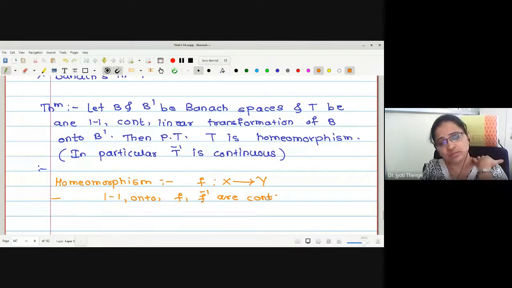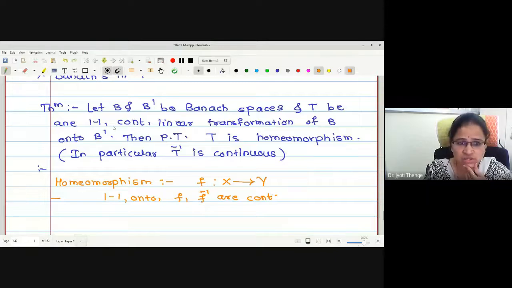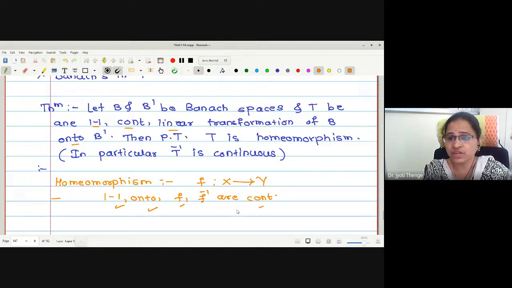Now look at the statement. How many conditions are given to us? One-one, continuous, linear and onto, and F continuous are given. Now which condition remains only to show that this mapping is a homeomorphism? F inverse is continuous is the condition remaining.